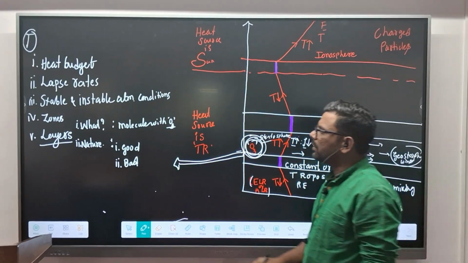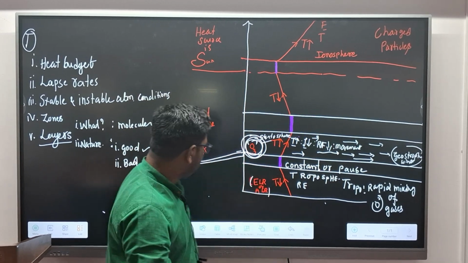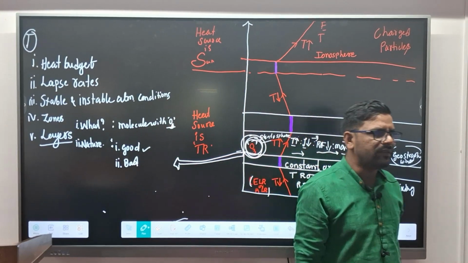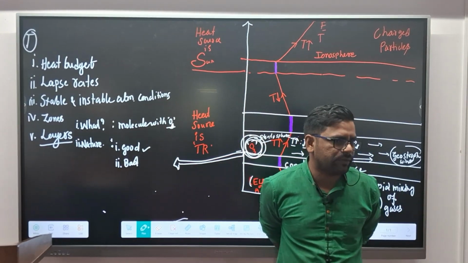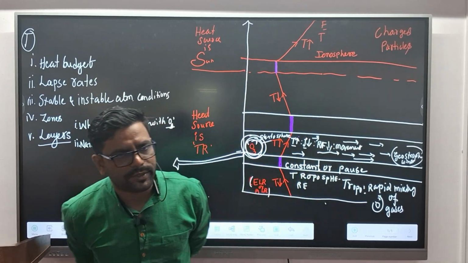Now we will discuss the good. Why is it good? As we know, the sun is also a source of UV radiation: A, B, C, and the most dangerous is UVC radiation.